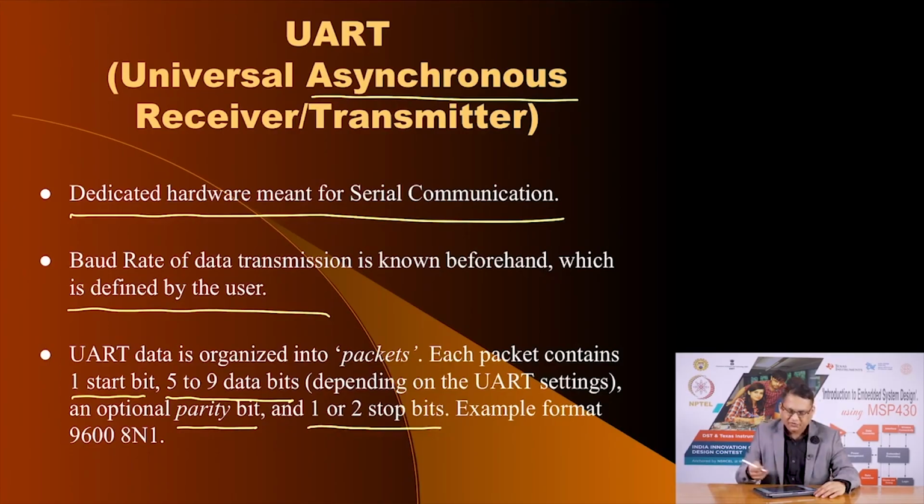And there is a method of specifying the format of your communication. As an example, you could say that we are going to communicate at 9600/8N1. I will explain what these numbers mean. The first value is the bit rate or baud rate, as they call it often.